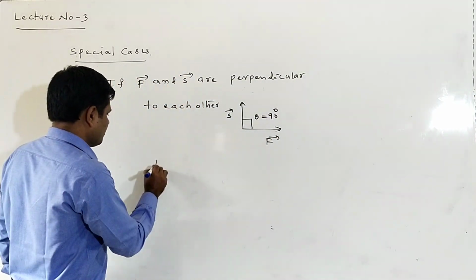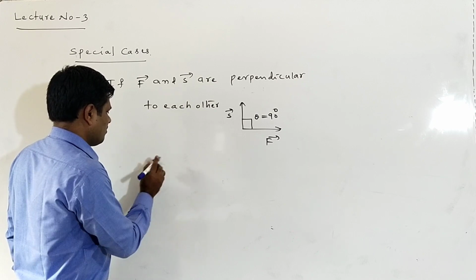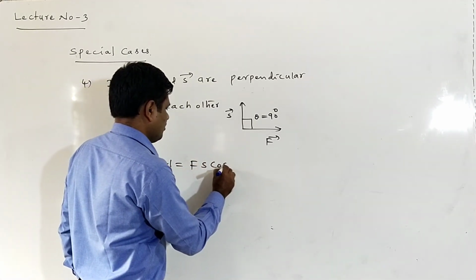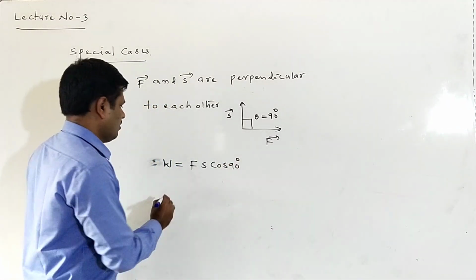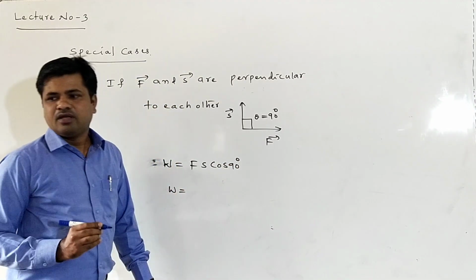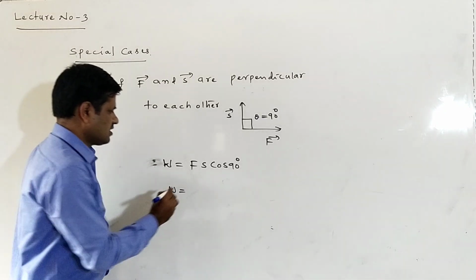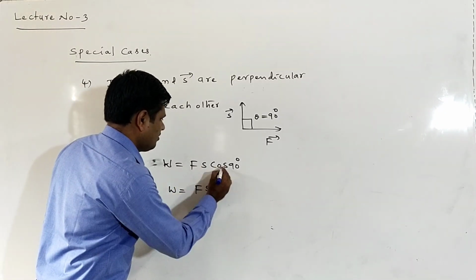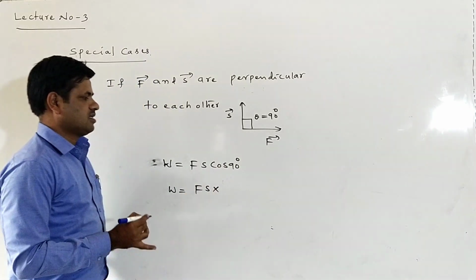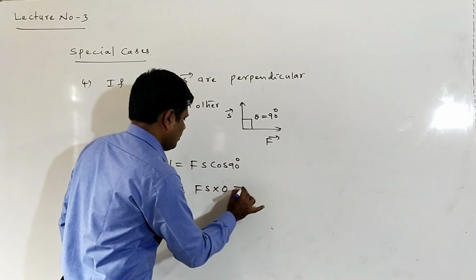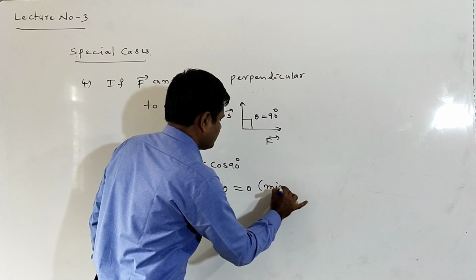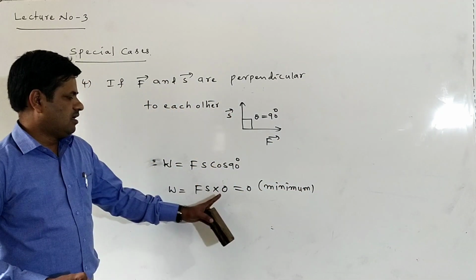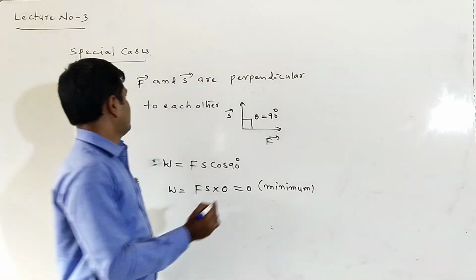In this case, work done is equal to F S cos 90. I am writing work done as F S into cos 90 value. Here cos 90 value is 0, so work done is equal to 0. Cos 90 value is 0, so the work done is minimum.